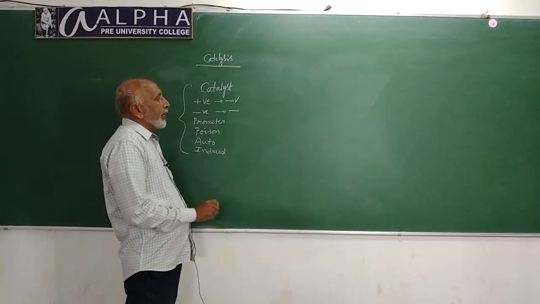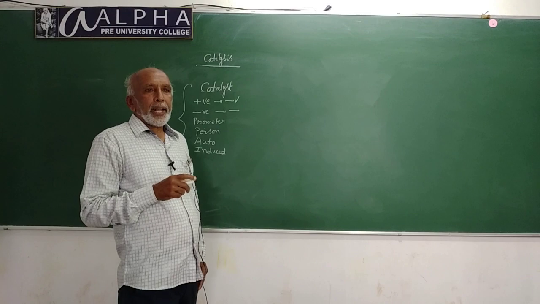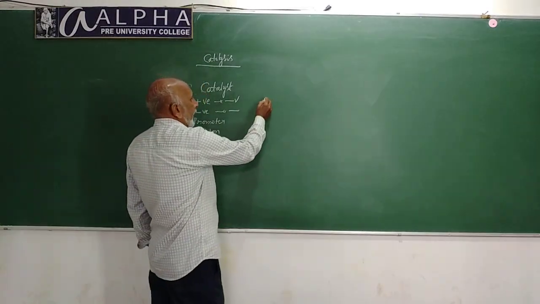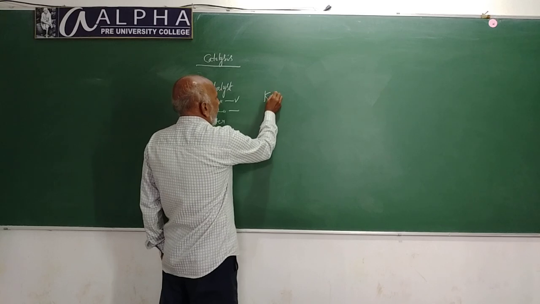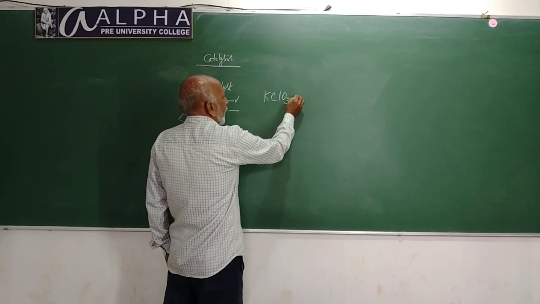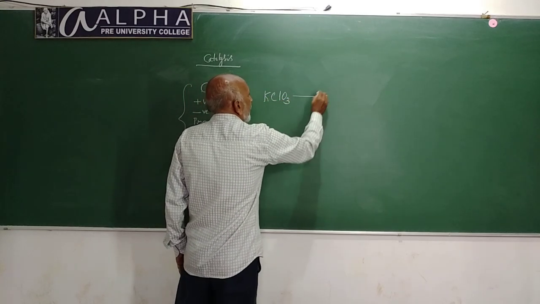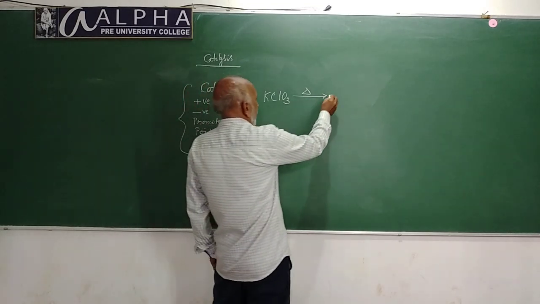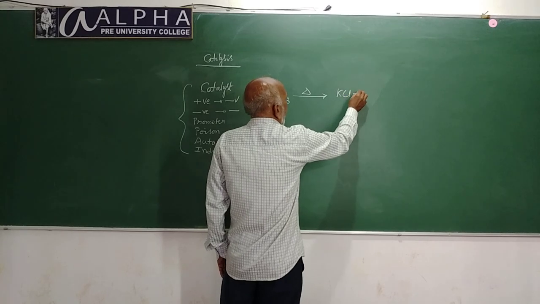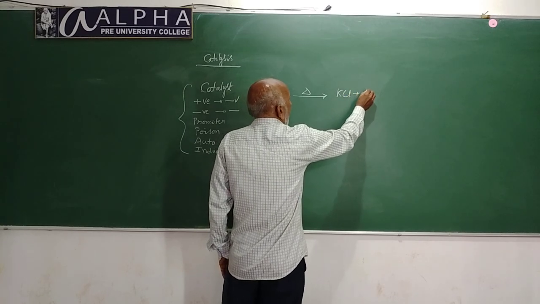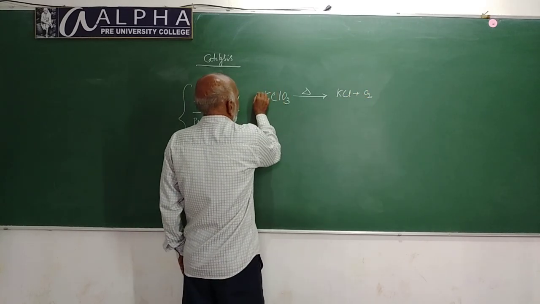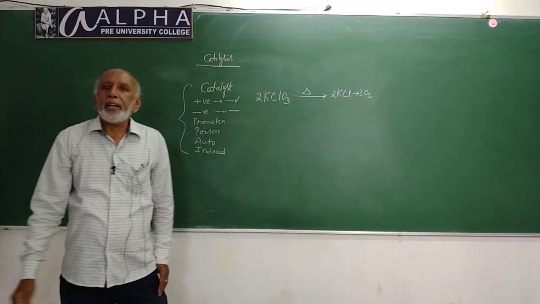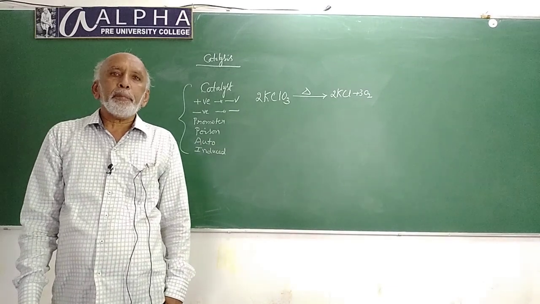In the laboratory, oxygen gas is generally prepared by heating potassium chlorate. On heating, potassium chlorate decomposes to give potassium chloride and oxygen. This is the reaction used to prepare oxygen in the laboratory.